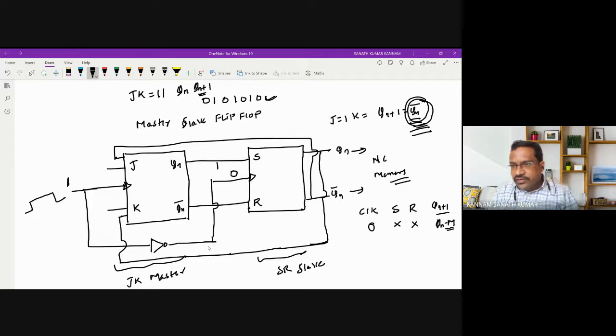What is the previous state? That is nothing but the toggle state. Like this you can avoid the race around condition for the JK flip flop. So this is about the D flip flop, JK flip flop, and master slave JK flip flop.